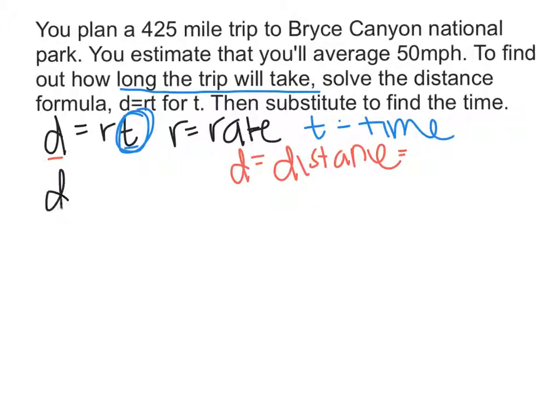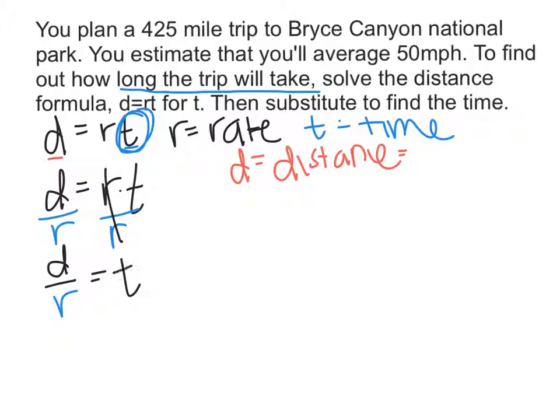So if we have d is equal to rt, we know that this is a multiplication problem. And the opposite of multiplication is division. So we're going to divide both sides by r, right? And now we have d over r is equal to time.